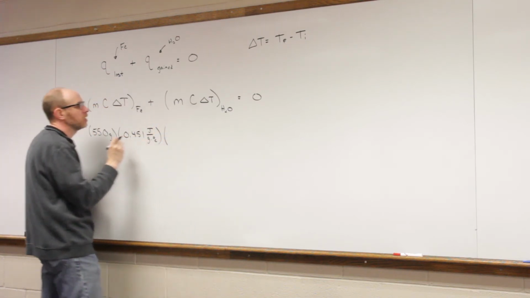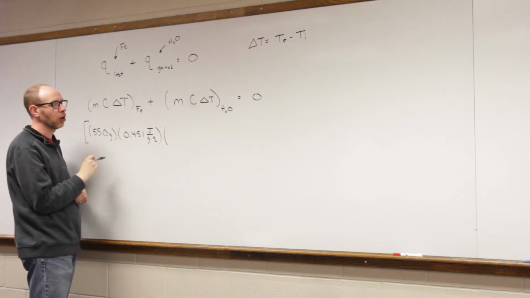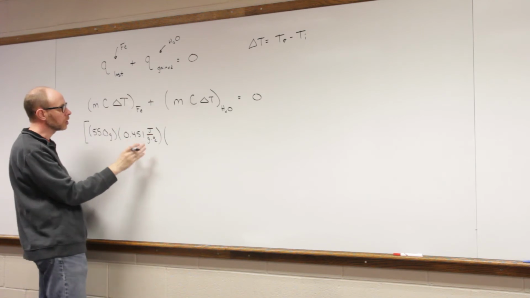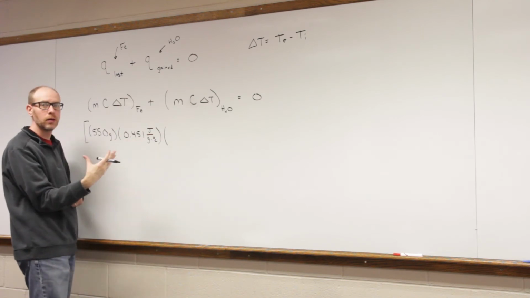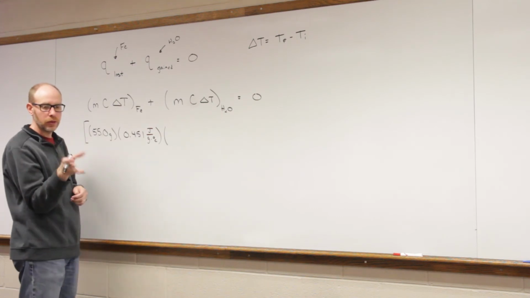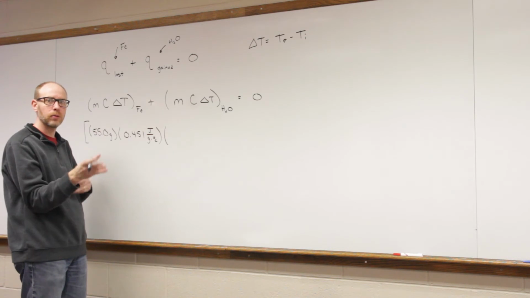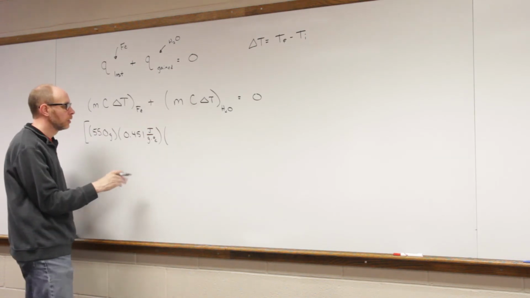Now, our change in temperature, and all of this is going to be for iron, so I'm going to put it all in brackets. My change in temperature is going to be final minus the initial. So the final temperature of both the water and the piece of iron when it comes to thermal equilibrium is what we're trying to calculate.